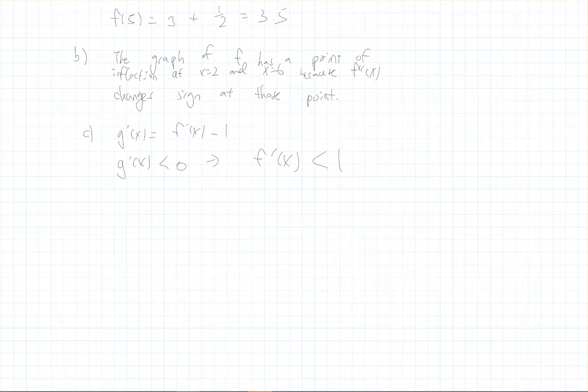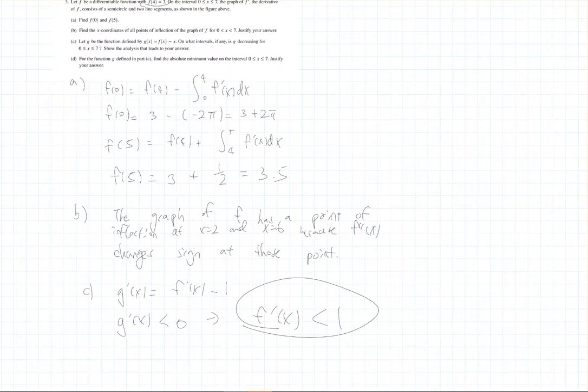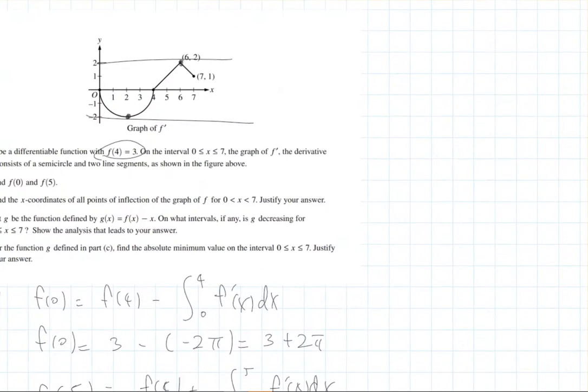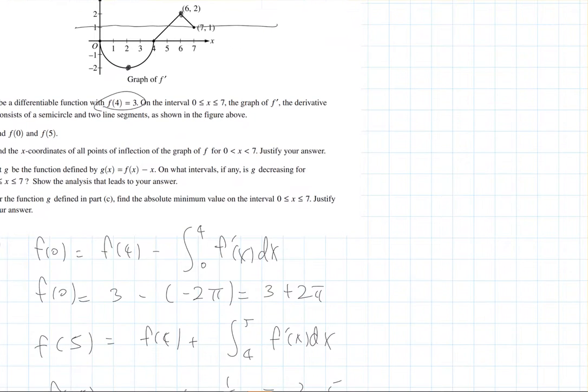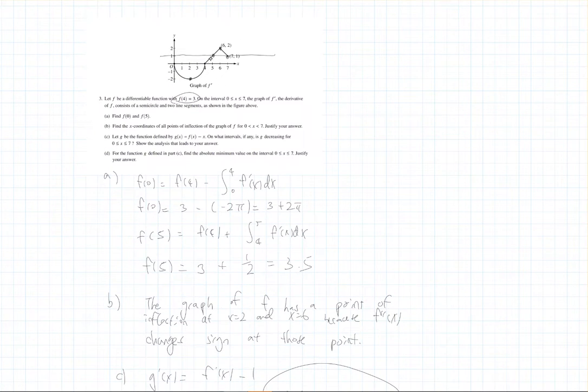So if we look at the graph, this is 1, so we make a line over here, and we can see that between x equals 5 and x equals 7, all of the graph is less than 1.